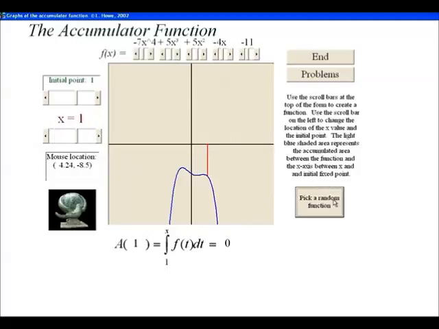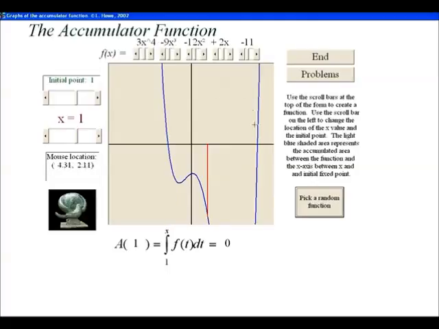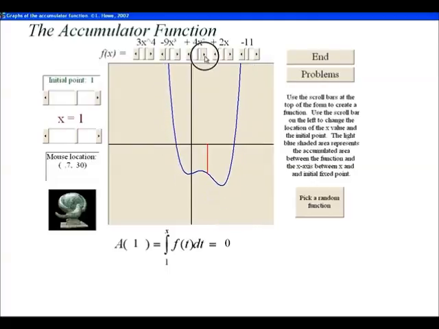Let's pick another random function, and maybe we'd want to get something that has some things that we can have here. Now if we accumulate area from this line 1 and go to x, actually we can change, not always from 1. You can have things accumulate from 0 or wherever this red line is. I put initial point here.